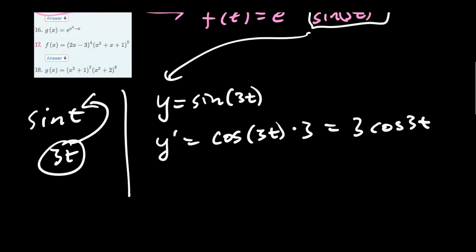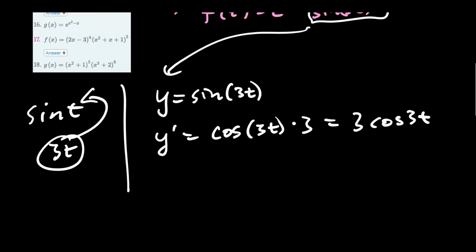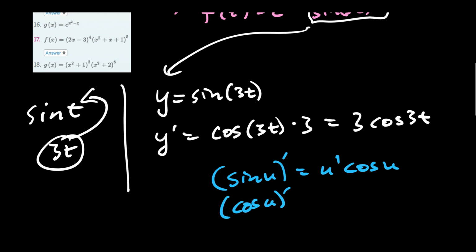Now, there is a rule here which it'd be nice if you knew, and it is this. The derivative of sine of u with respect to x is u prime cosine of u. The derivative of cosine of u is u prime times negative sine of u. This is when u is some function of x, and the prime means the derivative with respect to x.